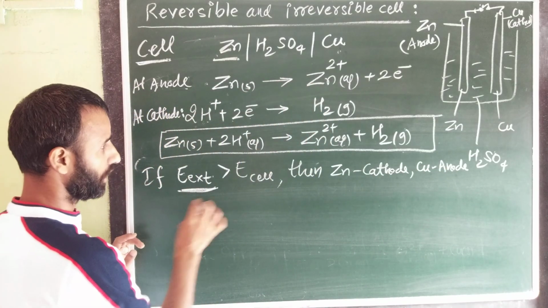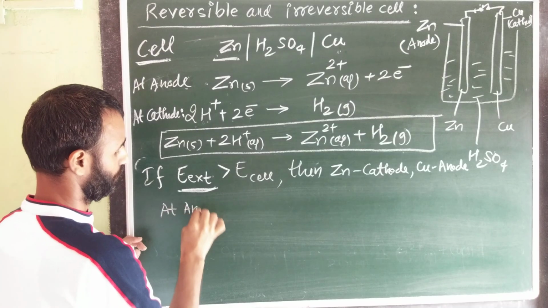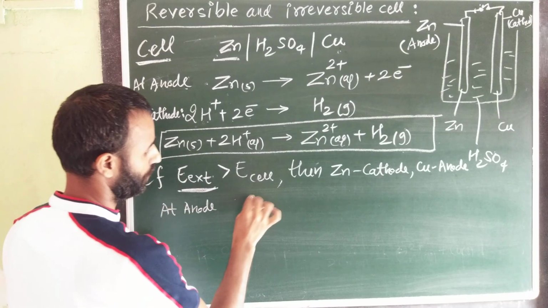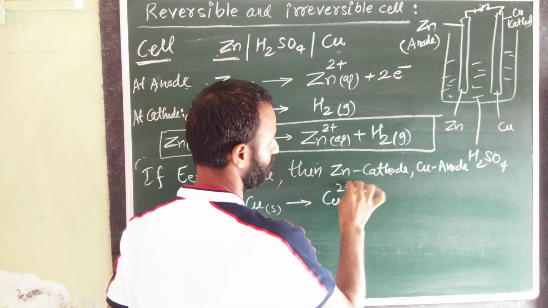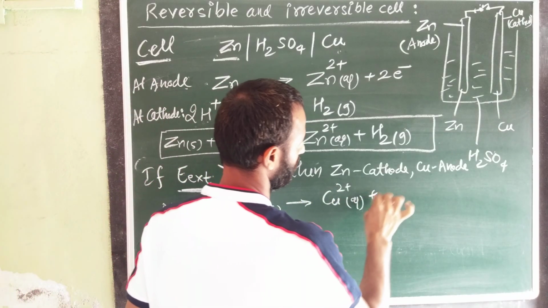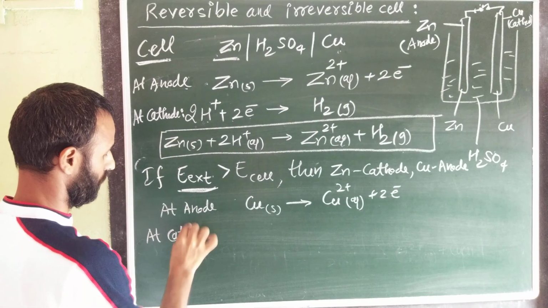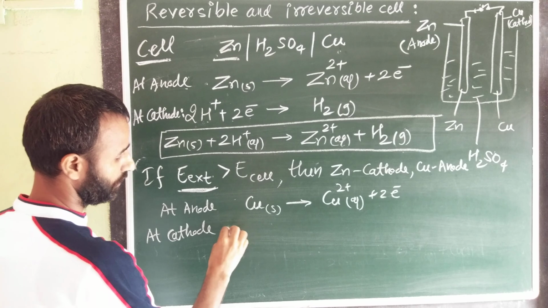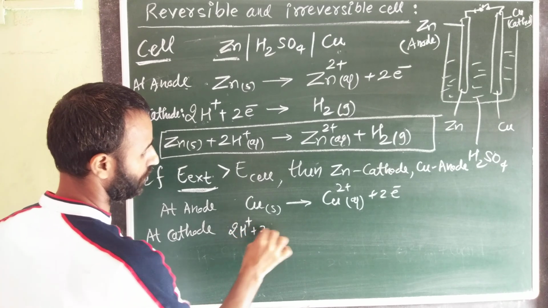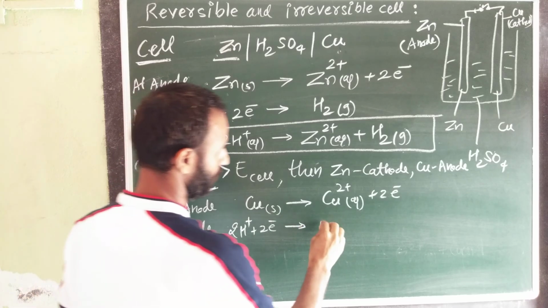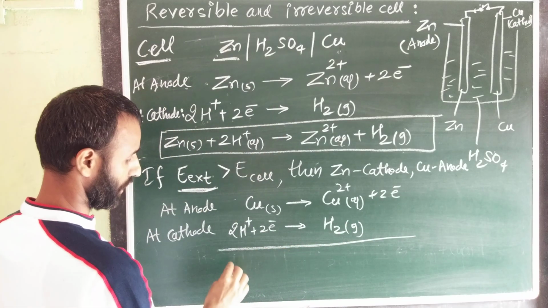So at the anode, copper solid dissolves, and at the cathode, now zinc is cathode, so H plus ions gain electrons, because gain is by H plus ions only.